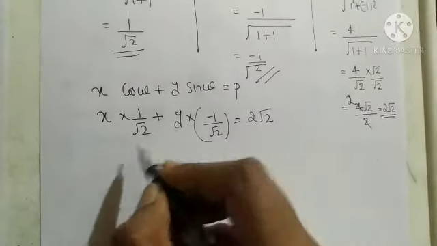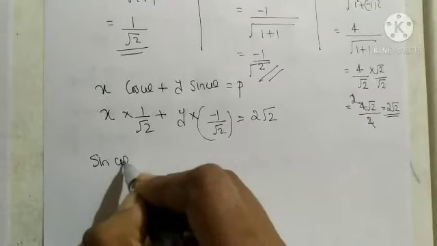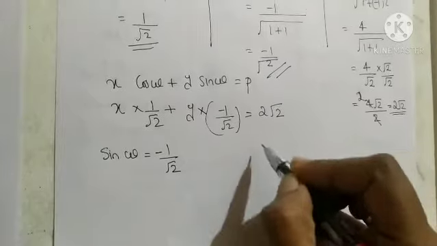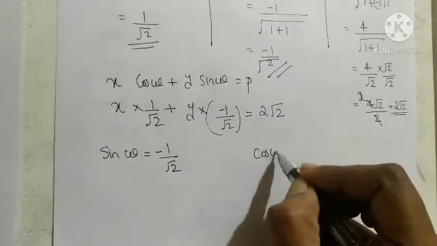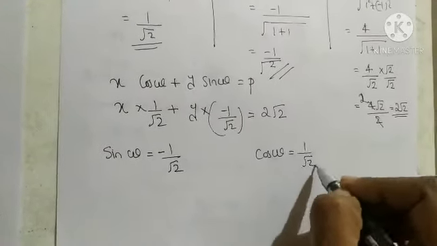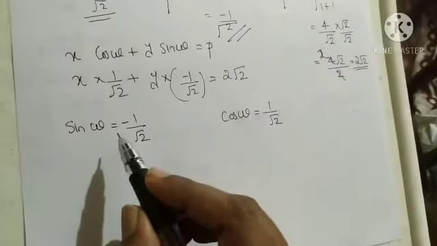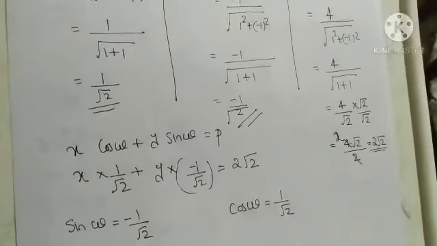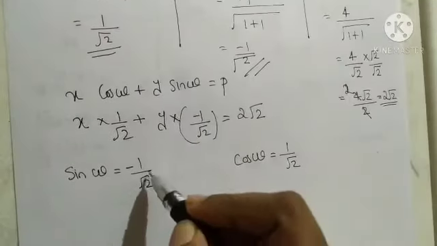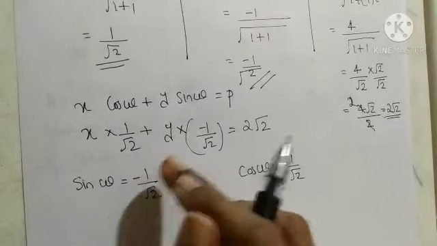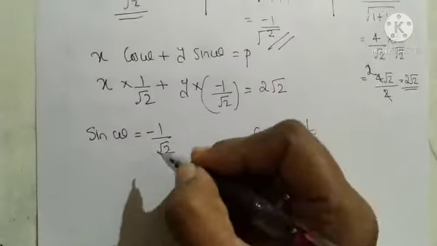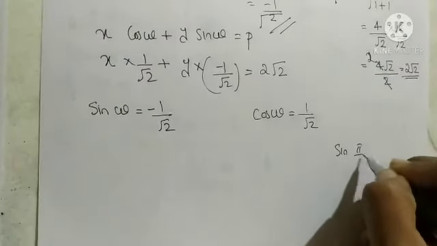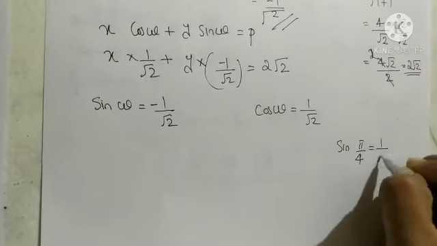Okay, so for that I am taking the negative value here, that is sin omega equal to minus 1 by root 2. And in this equation we get cos omega equal to 1 by root 2. For finding the value of the angle omega, the best method is to take a negative answer. Okay, that's why I am taking sin omega equal to minus 1 by root 2. And we know that sin pi by 4, or sin 45 degrees, is equal to 1 by root 2.